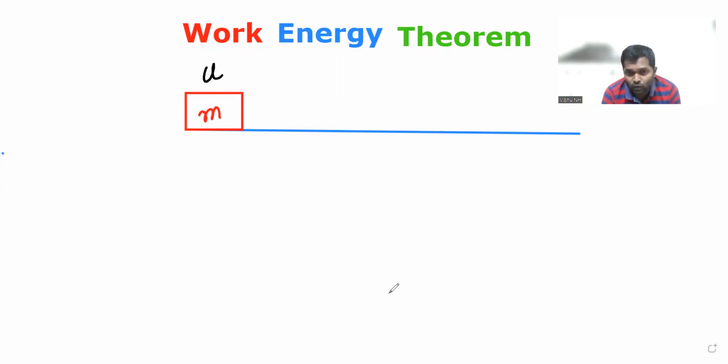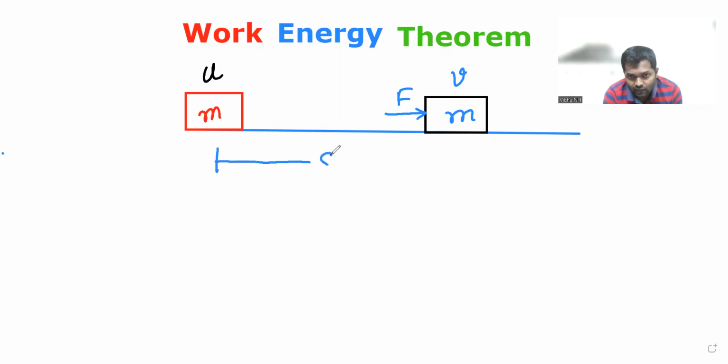When the force started acting on the same body, let me say that force F is acting on the body of mass M, and its velocity changes to V. Initially, it was moving with the velocity U, and on the way, a force acts on the same body, and the displacement from here to here I can take as S. Initially the body was at A, moving with velocity u, and now it is at B with a velocity V, where the force F acted on the body.